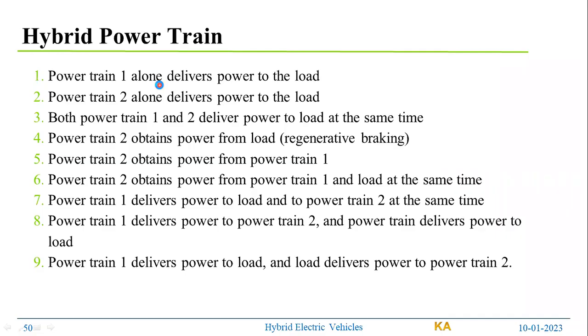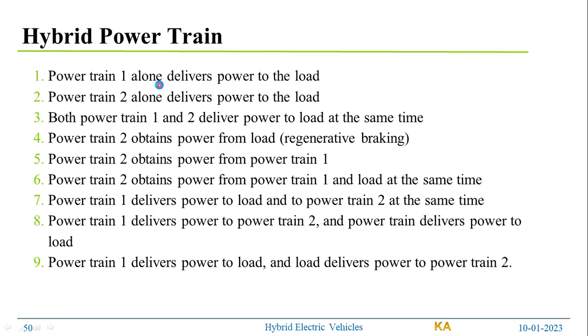Powertrain 2, the battery, obtains power from powertrain 1, that is the IC engine. Powertrain 2 obtains power from powertrain 1 and, at the same time, from the load as well. So both from powertrain 1 and regenerative braking at a time can also happen. Powertrain 1 delivers power to powertrain 2 and at the same time to the load as well.